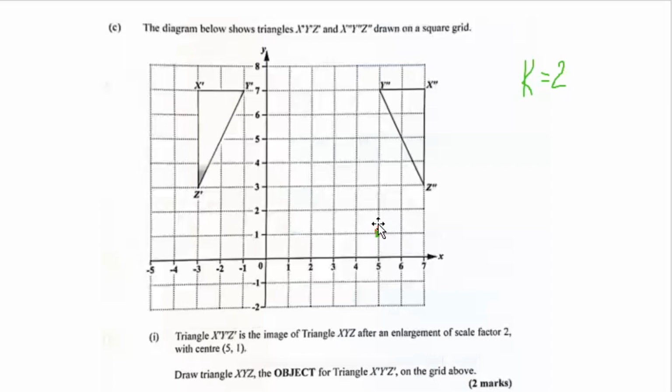I'm going to find the midpoint of one of those lines, and then we're going to work magic. You could also find the midpoint of all 3 lines, and that would give you the coordinates of the object. But that is 3 different workings, and all they're giving us is 2 marks, so we're going to work smarter, not harder. This would be our first line, from our y prime to our center of enlargement, which is 5, 1.